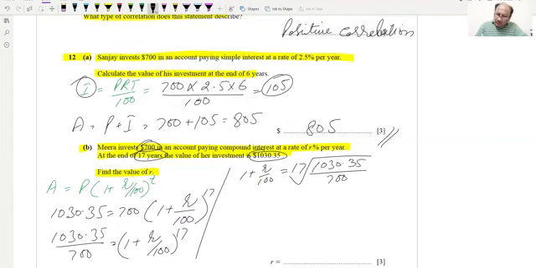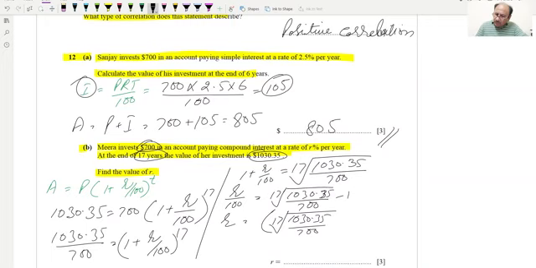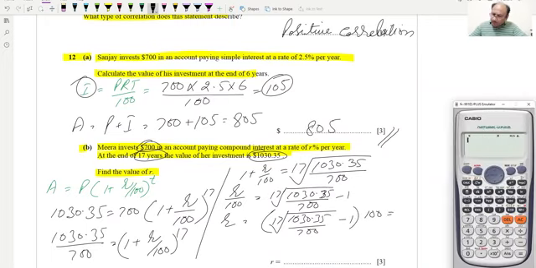Now we can shift the 1 also, so R over 100 is equal to the 17th root of 1030.35 over 700 minus 1. If we shift 100 also to the other side, it will be multiplied by 100, and we can use a calculator.